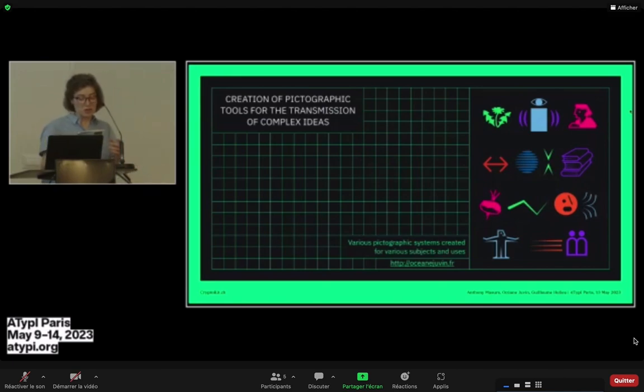It can be a piece of literature, gardening, philosophy, or the activities of a scientific laboratory. I especially do this through the creation of pictographic tools that visualize systems, tell stories, explain phenomena, and popularize concepts. You have some signs here, but you can see more on my website, on the portfolio that is on the slide.